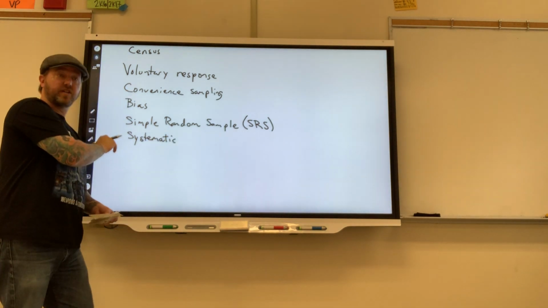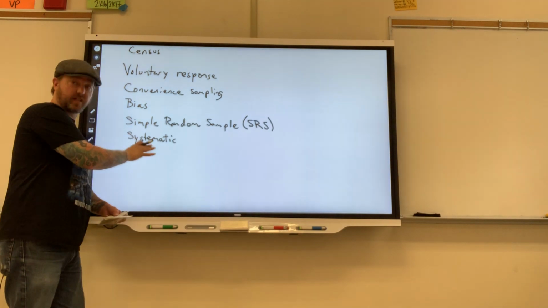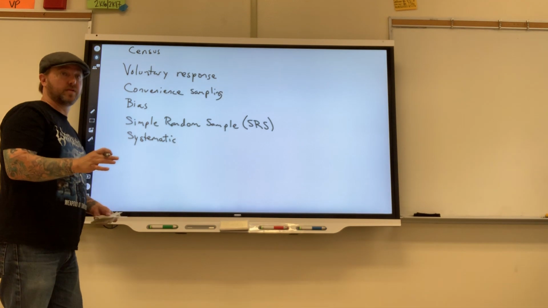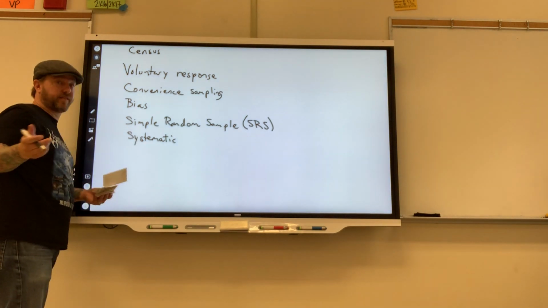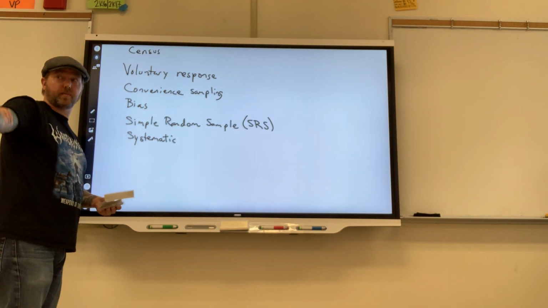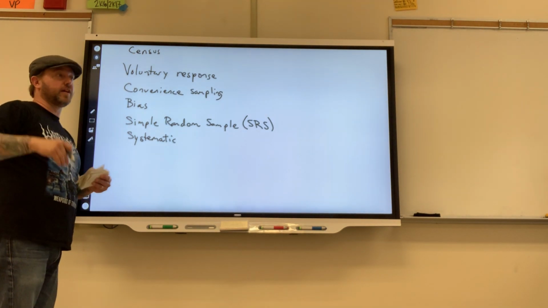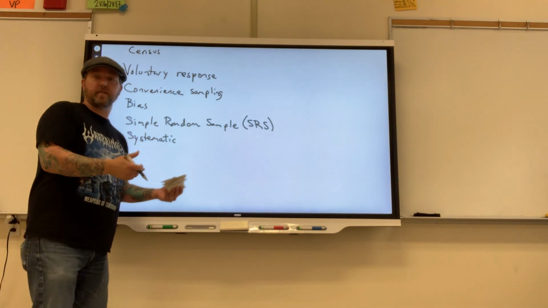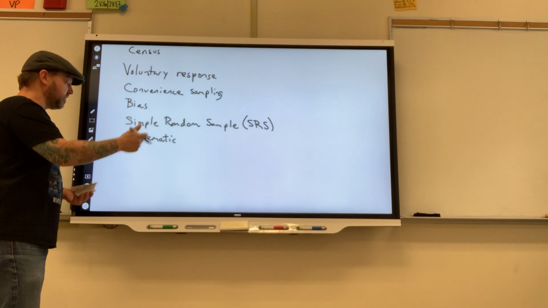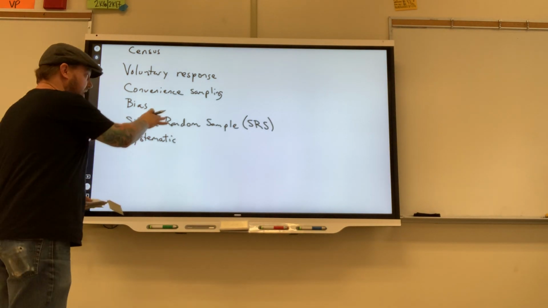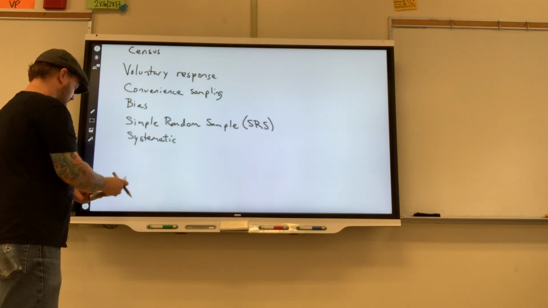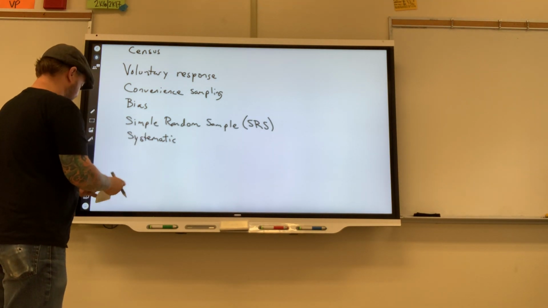Every individual, every person, every experimental unit has the same chance of being picked, but not every sample, okay? So this is if I said, well, let's pick a number at random, and I choose that number, just whatever row you're sitting in, or I choose a letter from the alphabet at random, and I say, okay, everybody whose last name ends with this, you get picked. Systematic. So everybody's got the same chance, but not every sample. Okay.